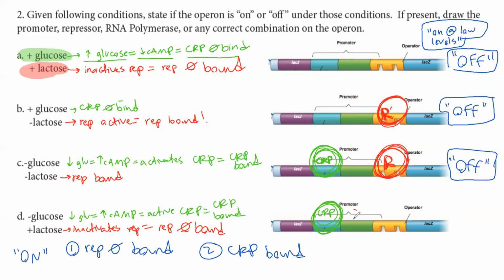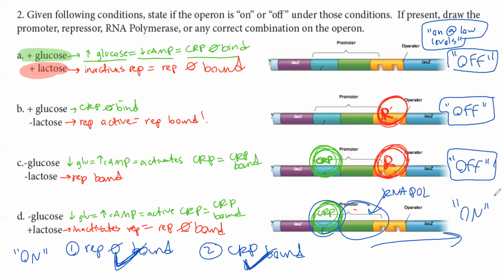So now we're in a situation where the repressor is not bound. That's the win, it's not repressing. And we have CRP bound, it is promoting. In this situation, we have CRP here and no repressor there. This is when RNA polymerase would be able to bind and transcription would be able to happen. And that's why this would be the lac operon being on.